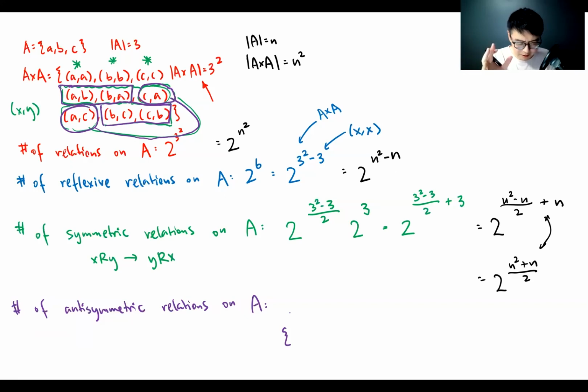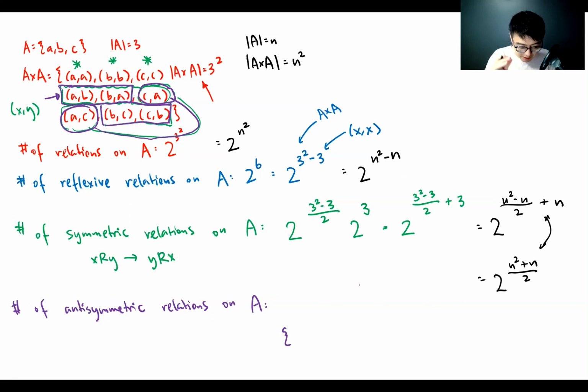Let me explain again. If I'm looking at the group AB and BA, one possibility is I put in just AB. Another possibility is I put in just BA. And a third possibility is I leave out this group altogether. So instead of 2 choices, there are now 3 choices for that group.